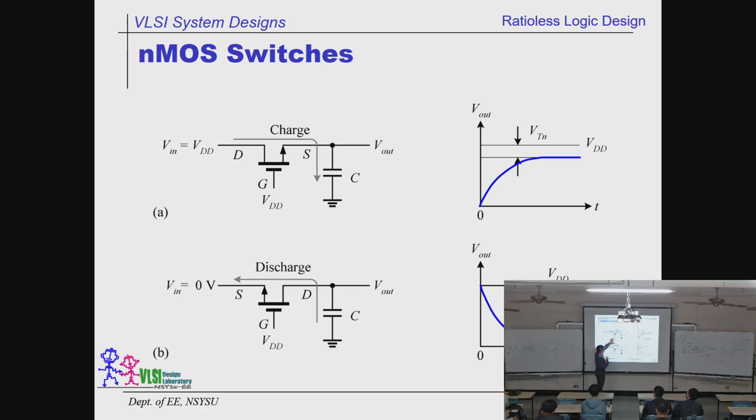So the source goes to the lowest voltage, right? So if we want to discharge, this is VDD, this is VD. Now this is a very important concept for you to understand.